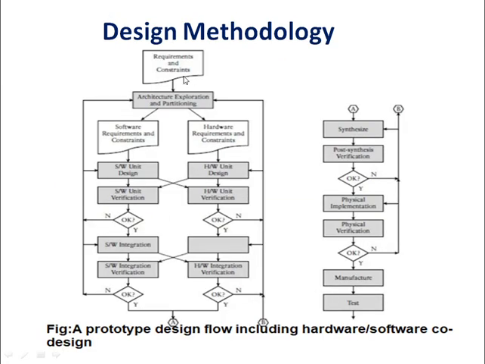Requirements and constraints. Before going to requirements and constraints, let us know something about the design methodology. The product of the design process is a set of data files used in manufacturing the product. Each manufactured unit is then tested and delivered to the end customer or to the market.